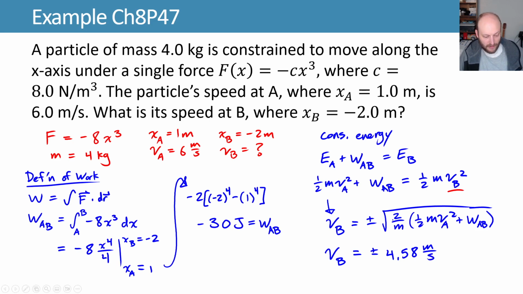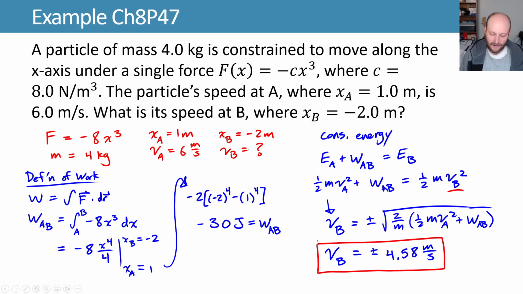Now the question that you might ask yourself is, well, which is it? Is it plus or is it minus? We were going 6 meters per second at point A, and then we were feeling a force that was pushing us back.